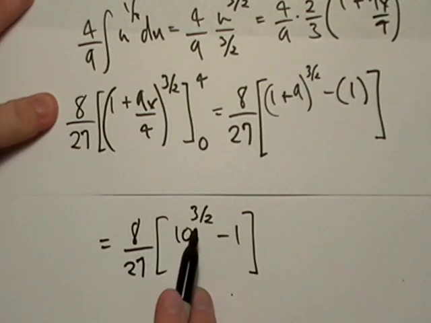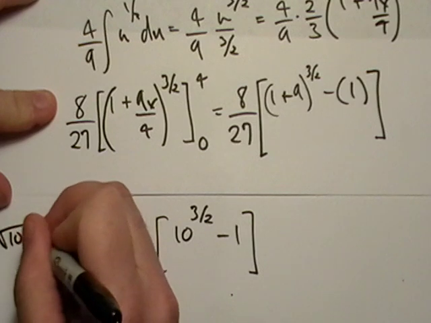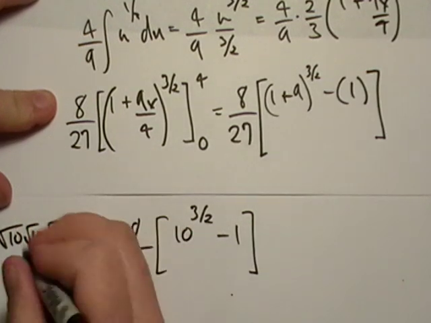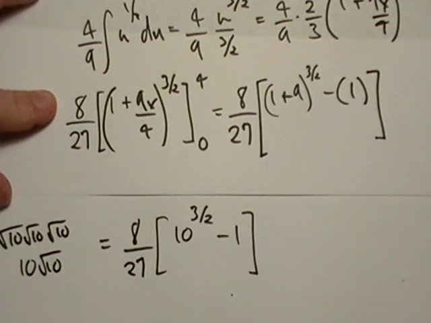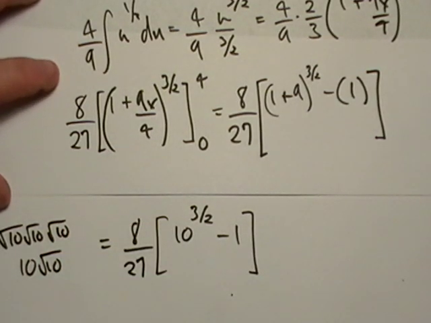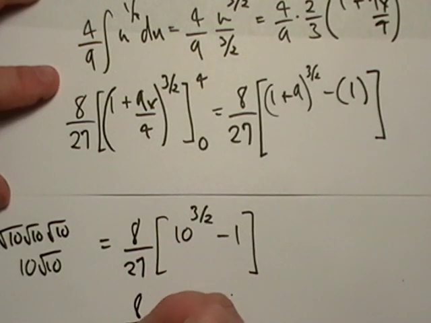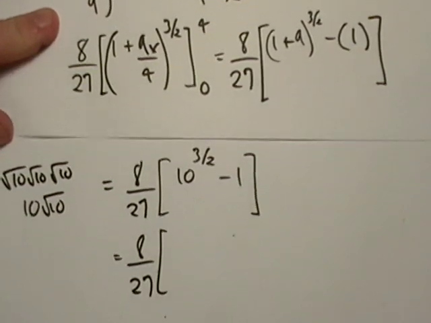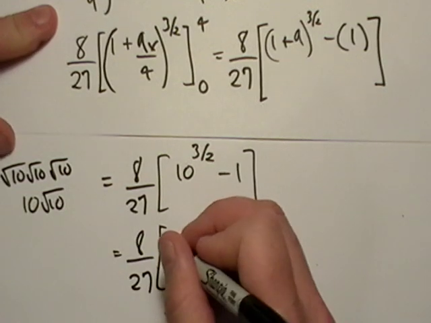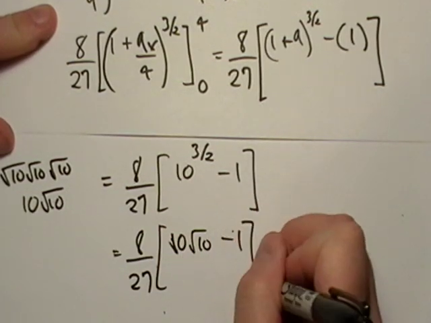Okay, 10 to the 3 halves, all that is 10 square root of 10. So let's see here, that'll be 8/27 times 10 square root of 10, minus 1.